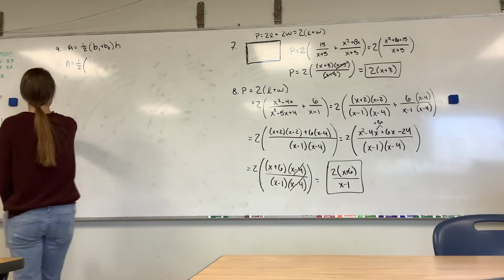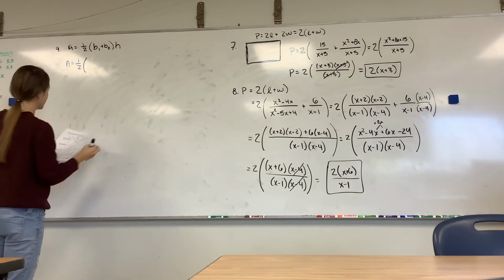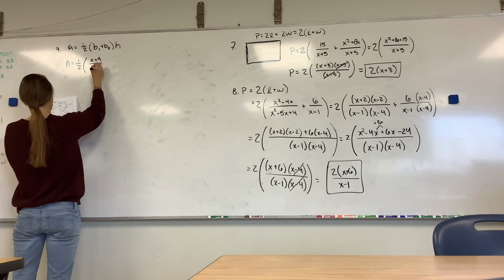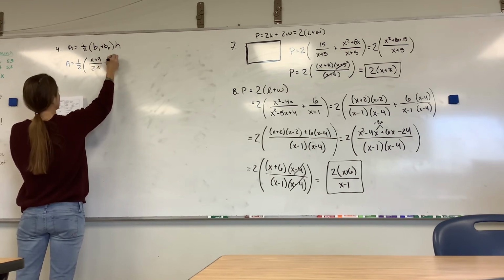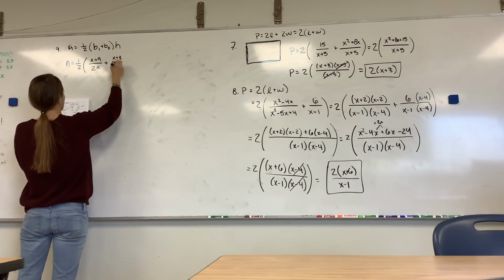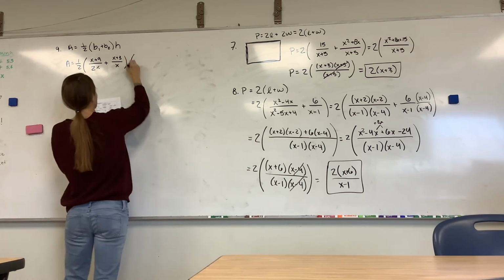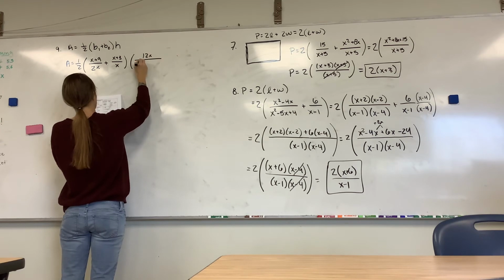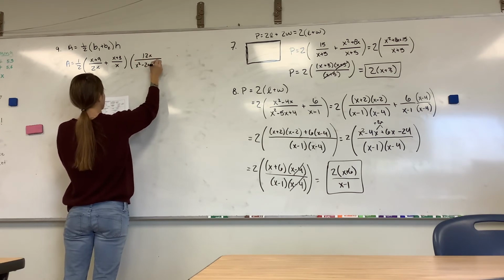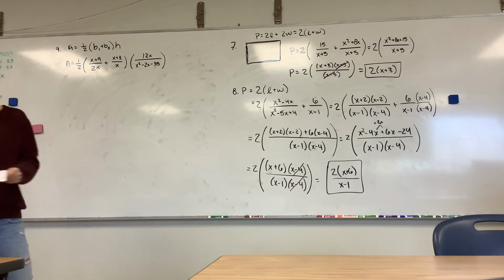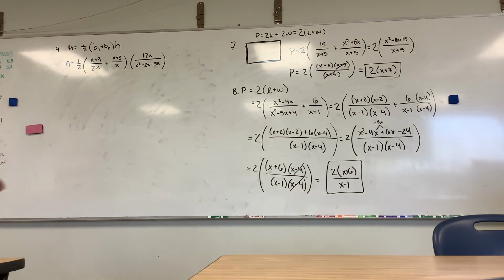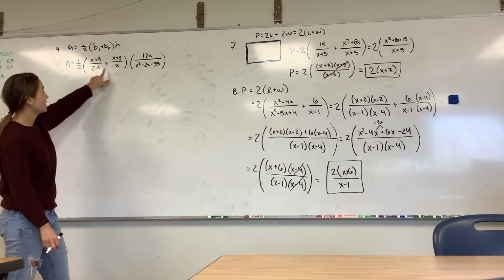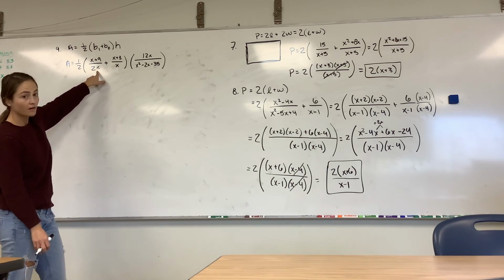Okay, so if I look at my problem, I get that base 1 is x plus 9 over 2x, and then plus x plus 3 over x times height, which is a 12x over x squared minus 2x minus 35. According to order of operations, I have to do what's in parentheses first. And then I cannot add these expressions because they don't have a common denominator.